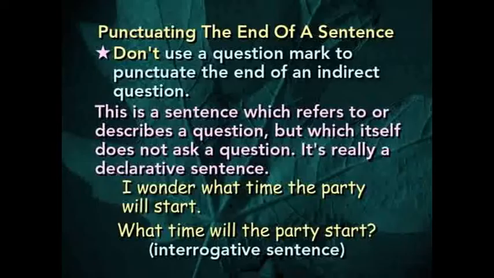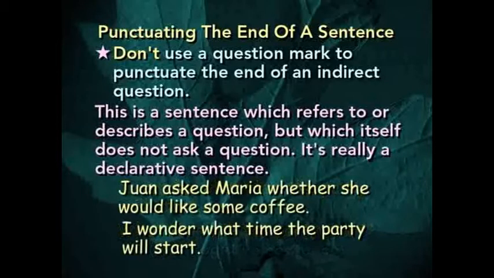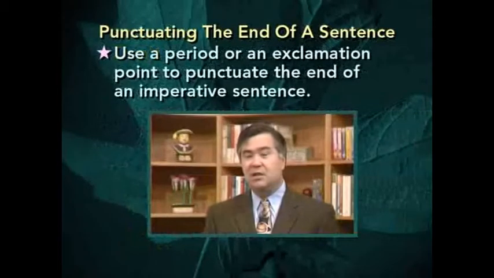However, the way the sentence was worded, it is a declarative sentence. It is making a statement of fact. That is, I am wondering something. It is stating that as a fact rather than asking a question. And therefore, this too is an indirect question and one that does not end with a question mark, but rather with a period.